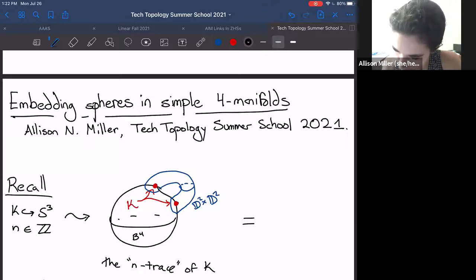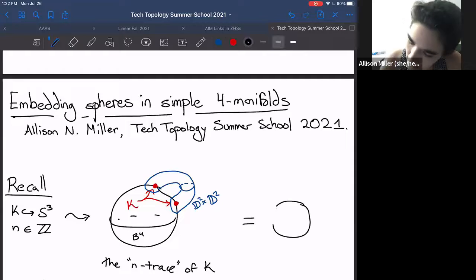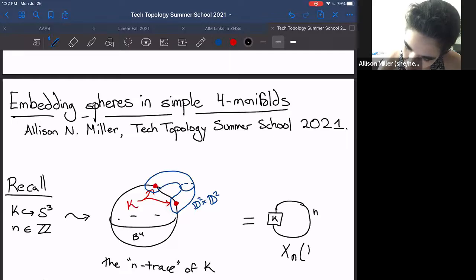And so the Kirby calculus picture of it is not quite that simple. You take any diagram you choose of your knot K and attach an n-framed two handle. And the notation I'm going to use for this over and over again is X sub n of K.